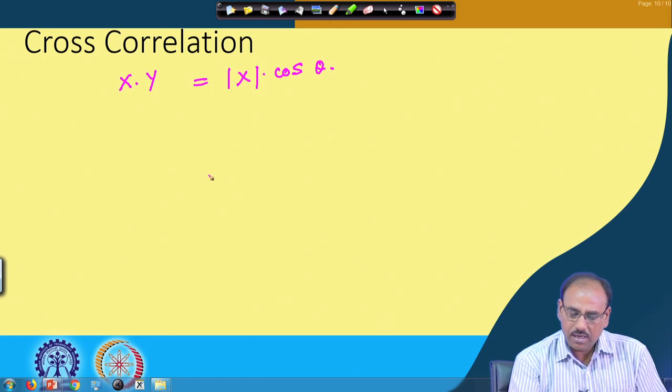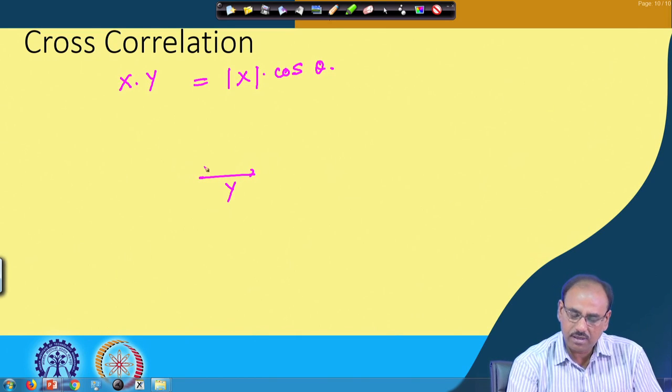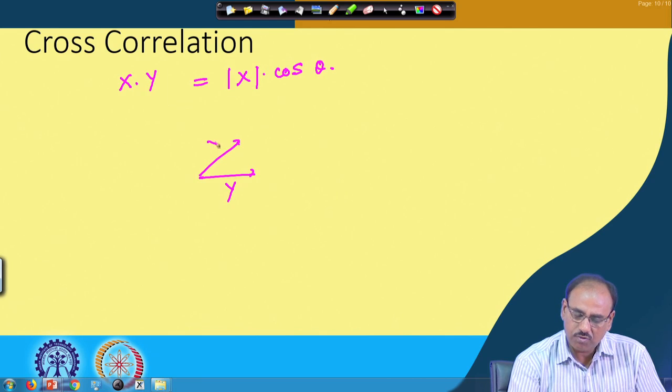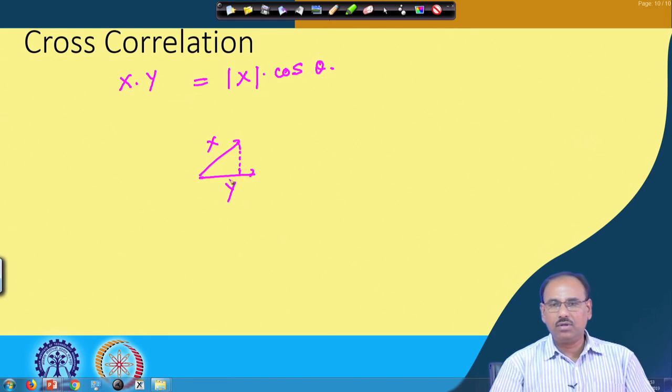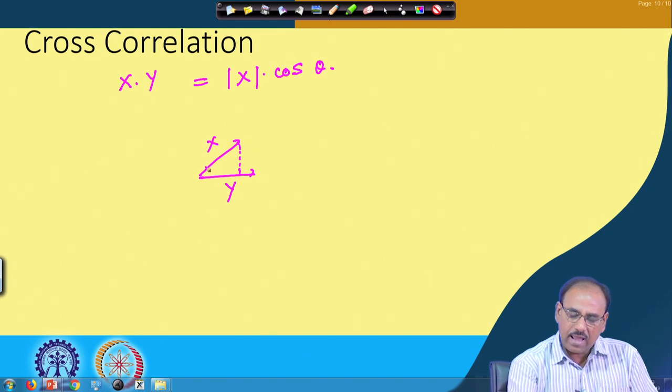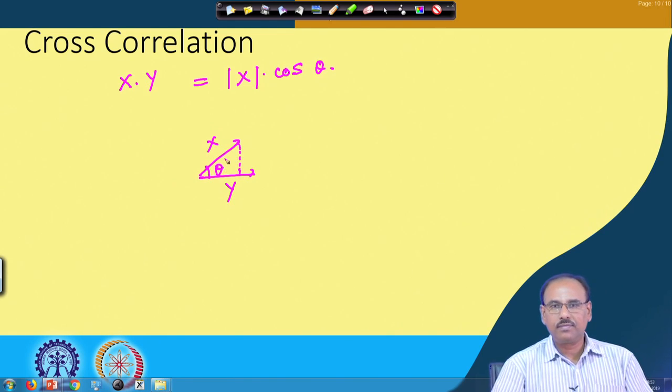So, it is simply like this: I have vector y in this direction, which is a unit vector, and I have x over here. So, this x dot y is nothing but the projection of x onto the vector y, and this is the angle theta between the two vectors. As theta goes on increasing, the length of the projection goes on reducing.